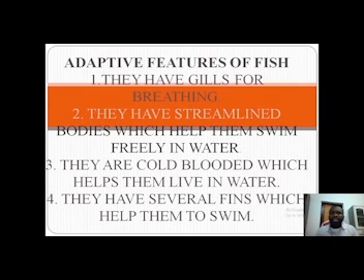Now, number 3, they are cold-blooded, which helps them live in water. That is why they can sustain in a cold region, because they are cold-blooded.